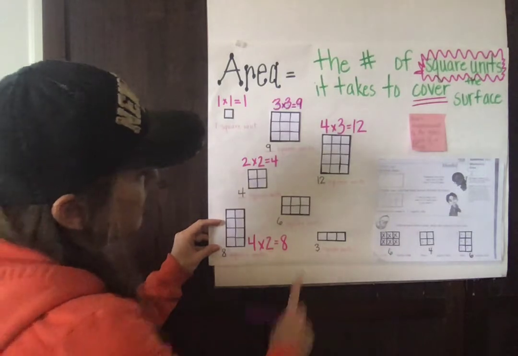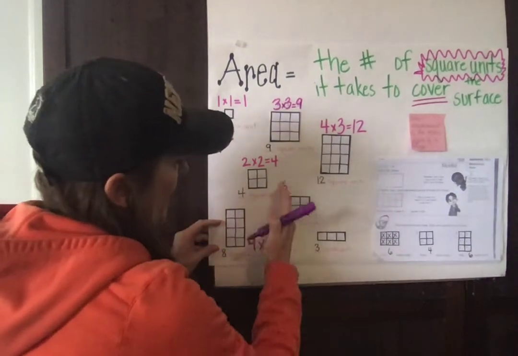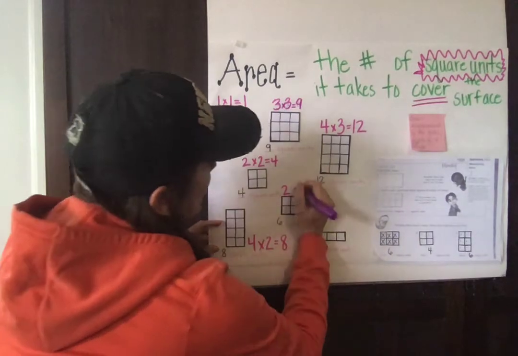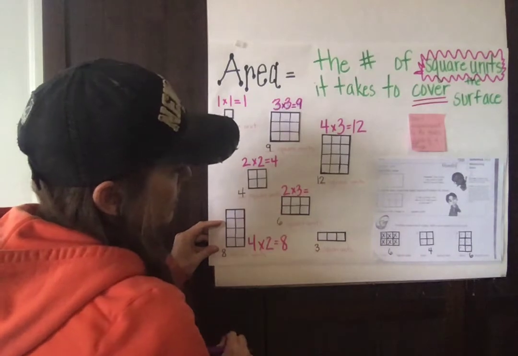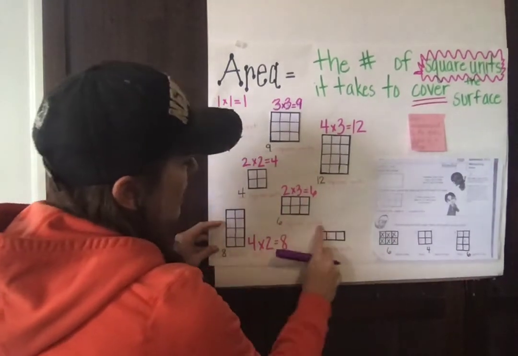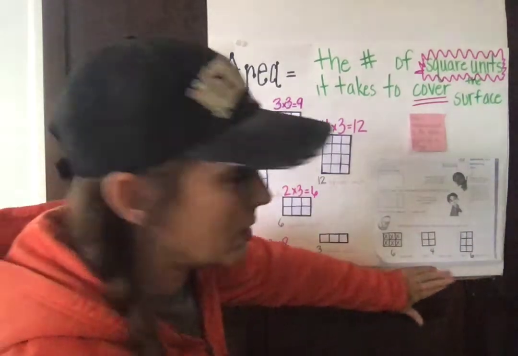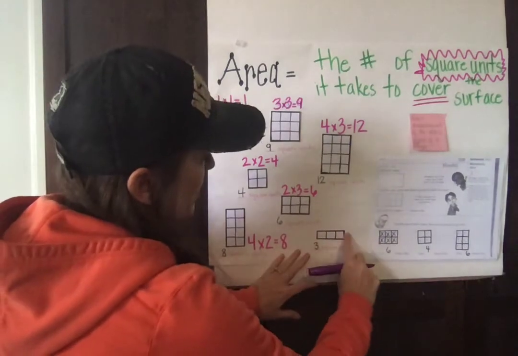So let's check this one. How many rows do we see? 2. How many are in each row? 3. 2 times 3 equals 1, 2, 3, 4, 5, 6 in all. Just like we said last week, the area was 6 square units. Okay, and then finally, how many rows do I see?